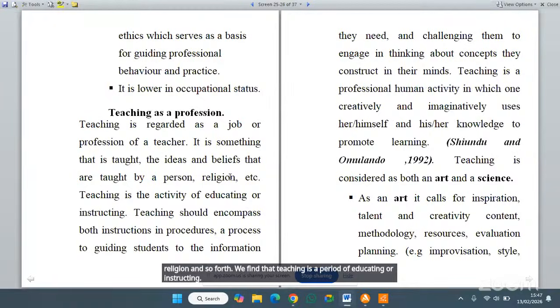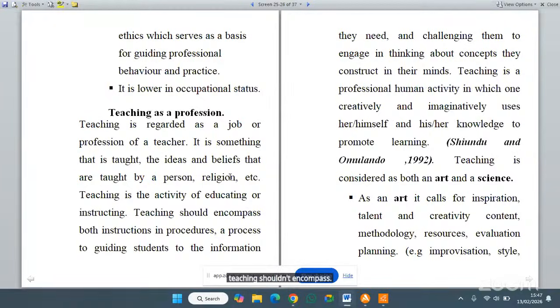Teaching should encompass both instructions in procedures, a process of guiding students to the information they need, and challenging their minds.